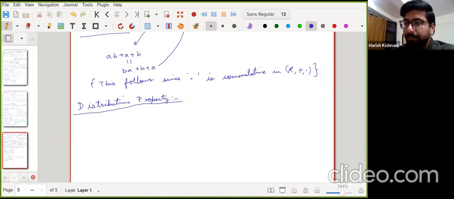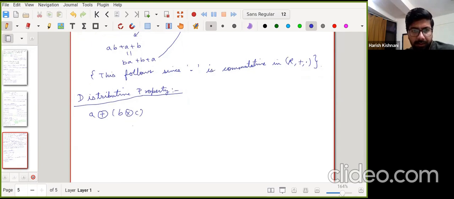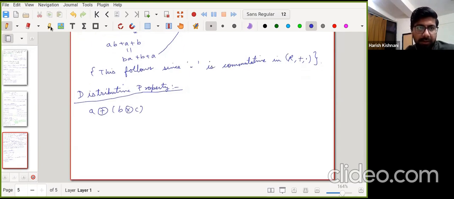Okay, so let me just check it for you that this ring is also satisfying the distributive property. So for distributive property, what we need to see is that A added with the product of B plus C is same as A plus B. Let me just check one part.